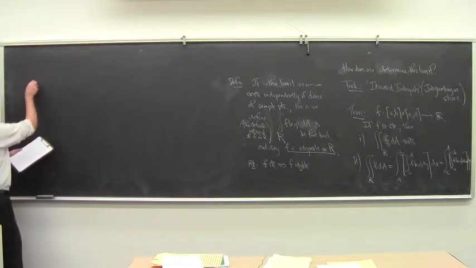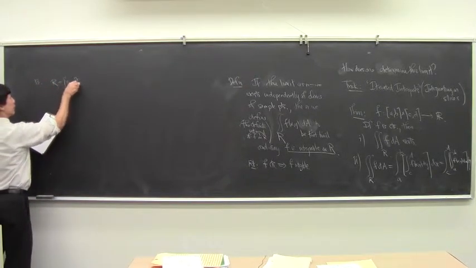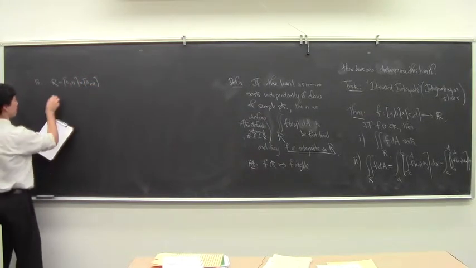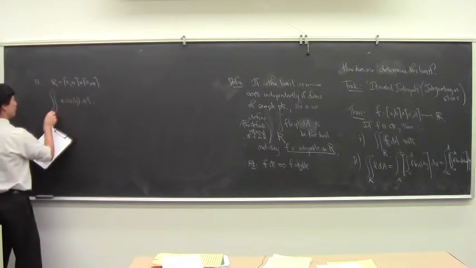Let me do an example. So let's say R is [0, pi] cross [0, pi]. And somebody asks you to integrate cosine y over [0, pi] cross [0, pi].